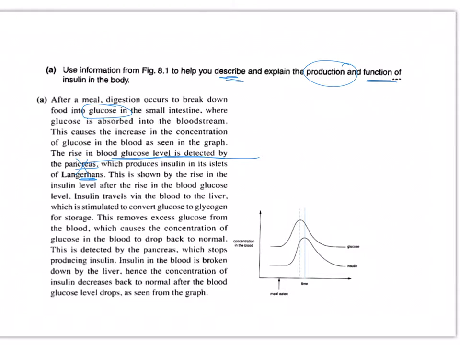So it should be the hypothalamus, and then the pituitary gland will send signals to the pancreas to secrete insulin into the blood. This will correspond to the increase in insulin and therefore the conversion of glucose to glycogen.